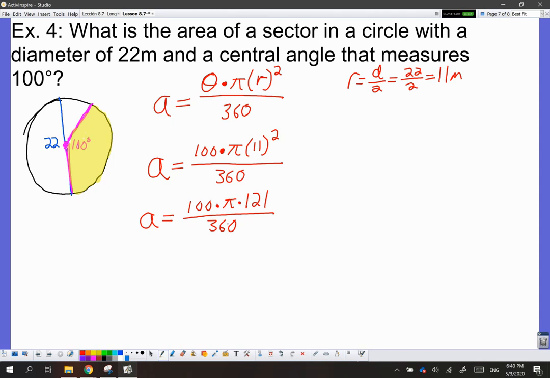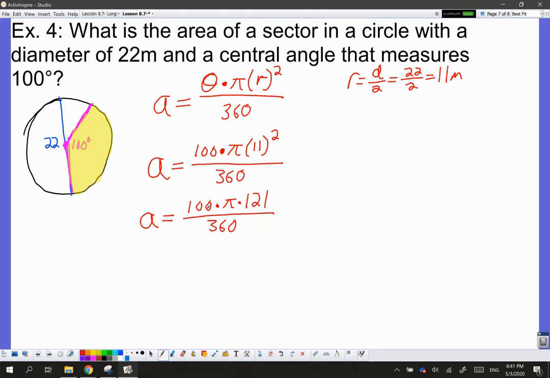So in this case, it didn't help because 121 has no other factors besides 11 and 1. There's nothing else that I can multiply except 1 times 121 and 11 times 11. So that doesn't help me, but that's okay because I'm going to need to multiply that out anyway. So I have that done.